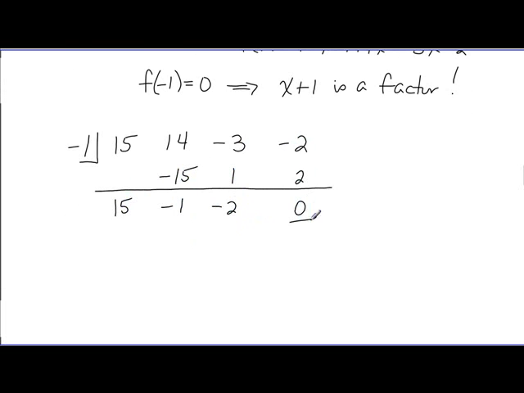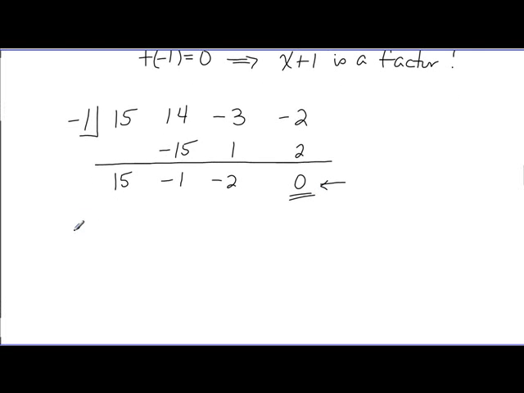Now, you should be very reassured that we got 0 when we did that synthetic division. We should get 0. What we've essentially done is taken our equation and factored out a factor of x plus 1. The other factor that's left is 15x squared minus x minus 2.